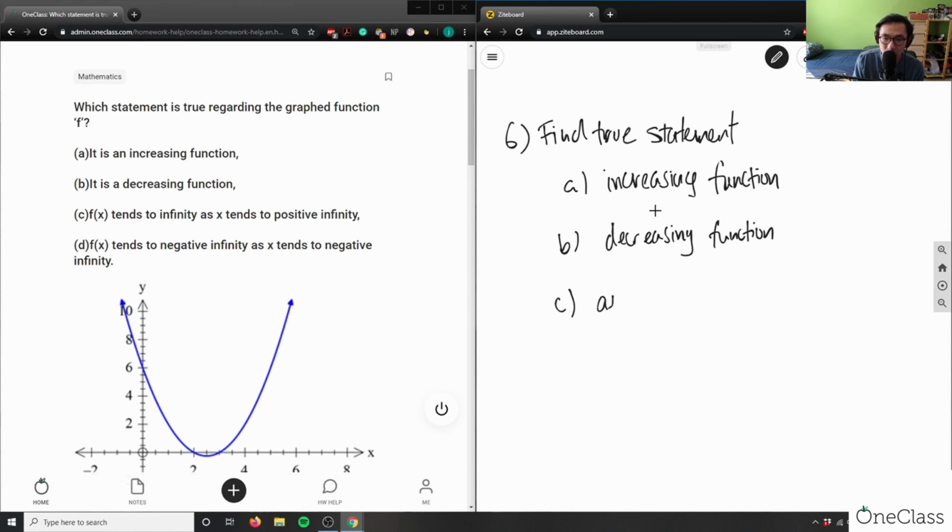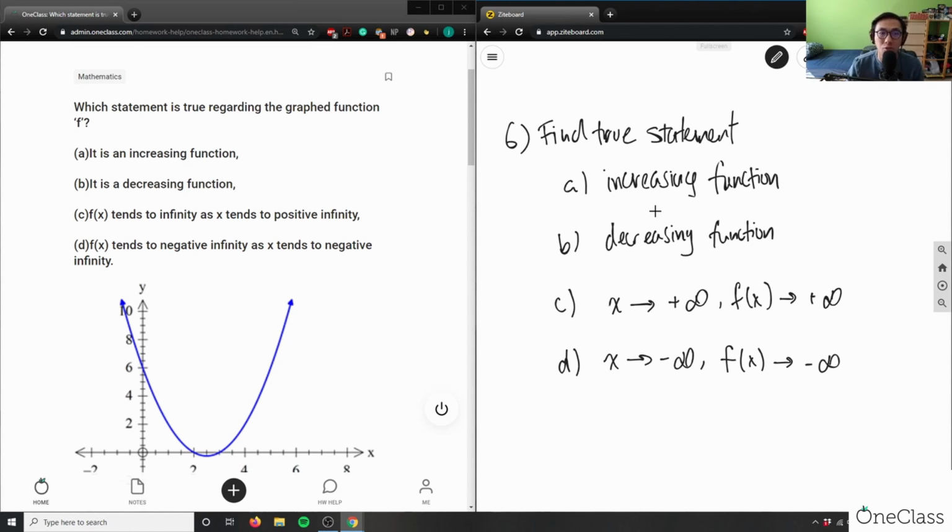So, as x approaches positive infinity, f of x approaches positive infinity. And D here says that as x tends to negative infinity, f of x tends to negative infinity. Okay, so it's asking which statement is true for the graph function below. Find a true statement.